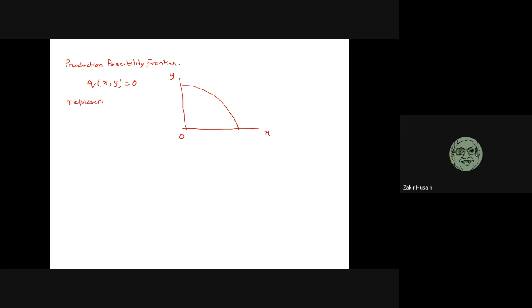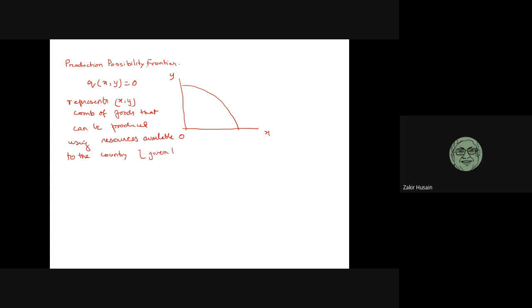So this represents the combination of x and y, the combination of goods that can be produced using resources available to the country, and obviously given technology also.